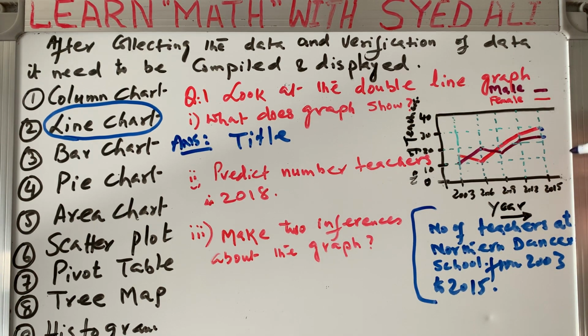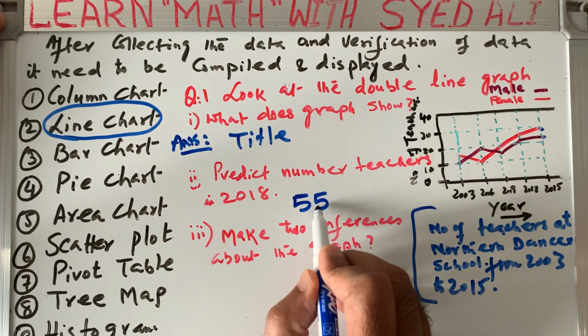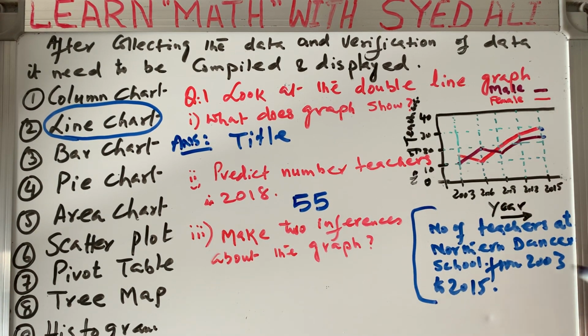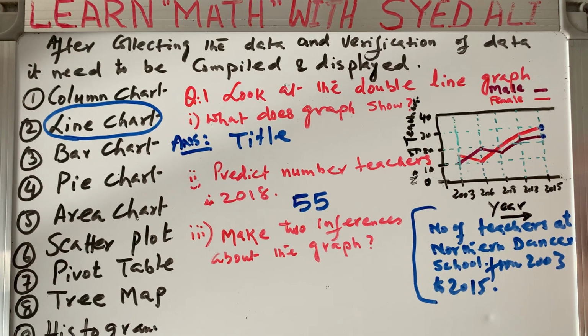In 2018, maybe 55. My educated guess is 55. What is my logic? In 2015 I have 22 male teachers and 30 female teachers, 30 plus 22 is 52. I assume it will be about 55 in 2018.